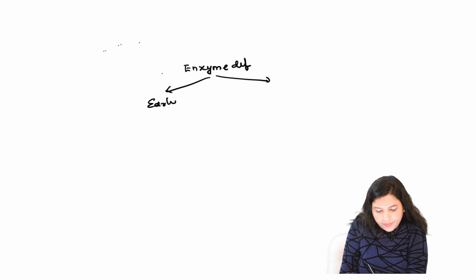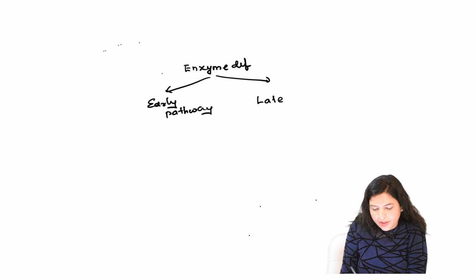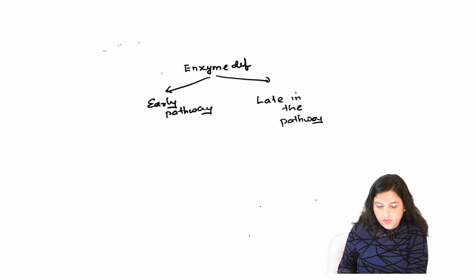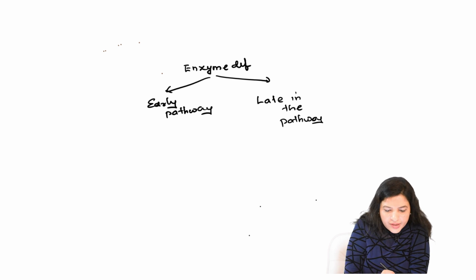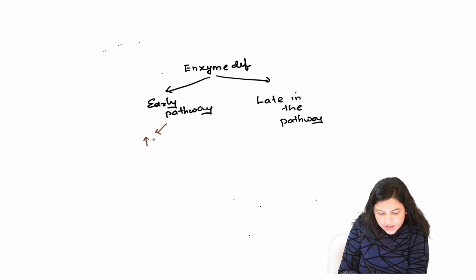If the enzyme deficiency is early in the pathway, or it can be late in the pathway. If it is early in the pathway, two things which accumulate are increased ALA and PBG.